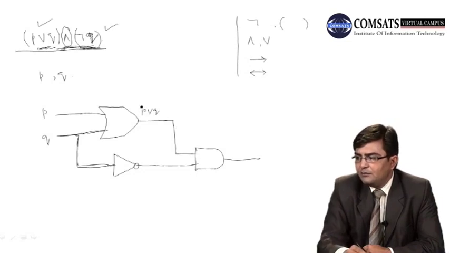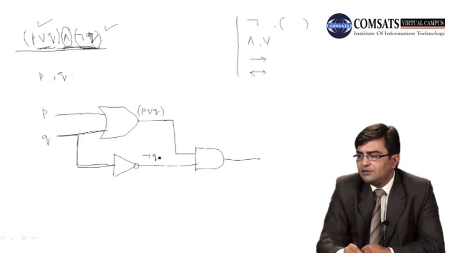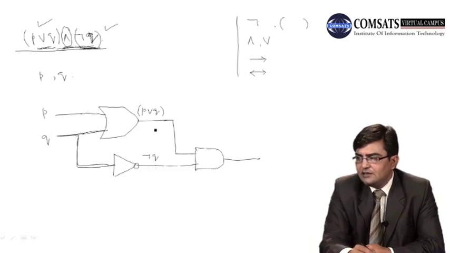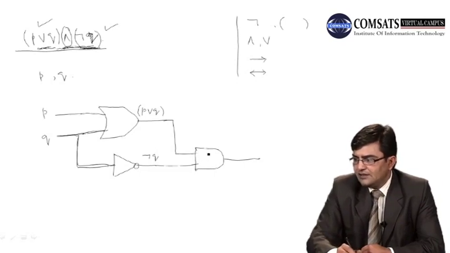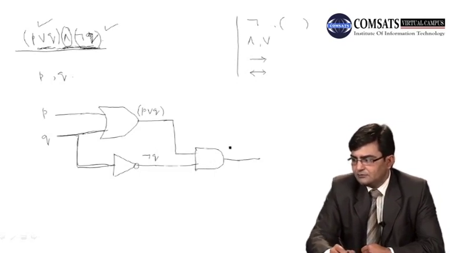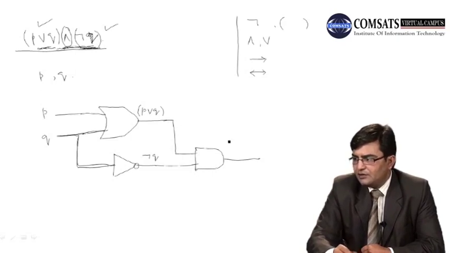Here we have P or Q, here we have NOT Q, and these two are connected by the conjunction operator, again the AND operator.